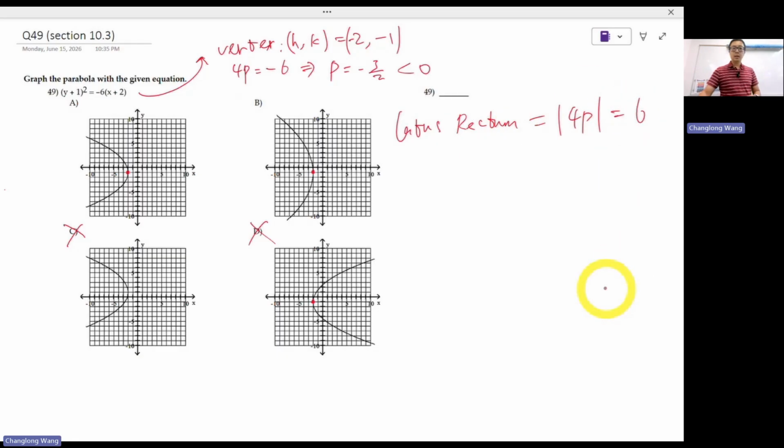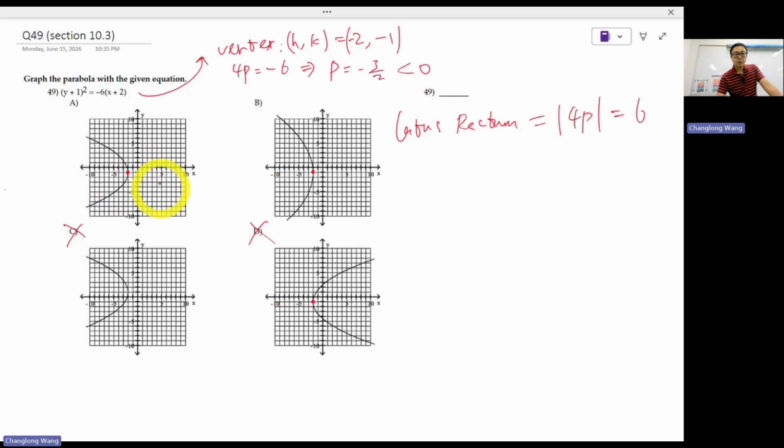Since 4p is -6, that tells you if you were to find the foci, which should be, in this case, a little bit to the left of the vertex. Think about why we call it focus. It asks the graph to focus in that direction. So if the graph opens to the left, the focus has to be to the left of the vertex.